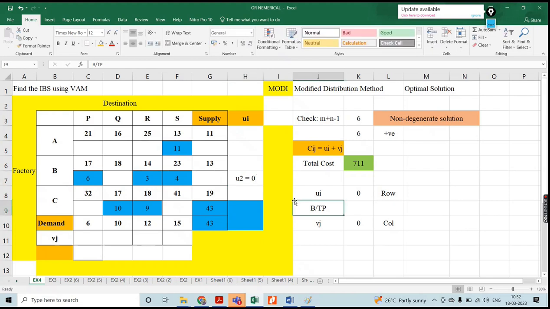U2 equal to 0. Any doubt on it? The maximum allocation is taken as 0 corresponding to the particular row or the particular column. U2 equal to 0. All of you got it, raise your hand. Okay, now U2 is 0.